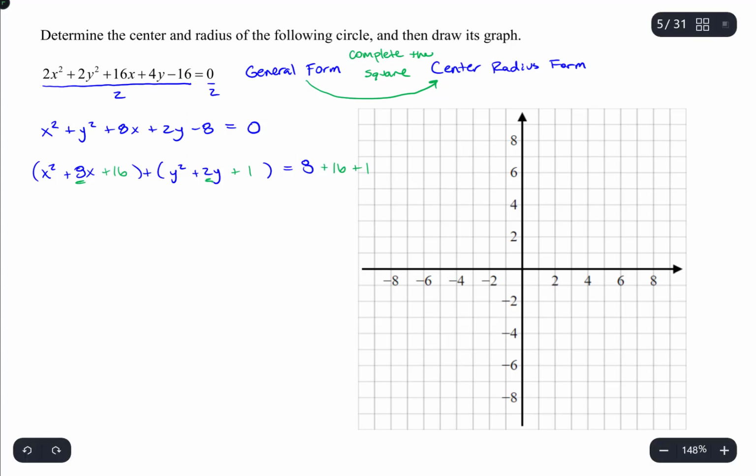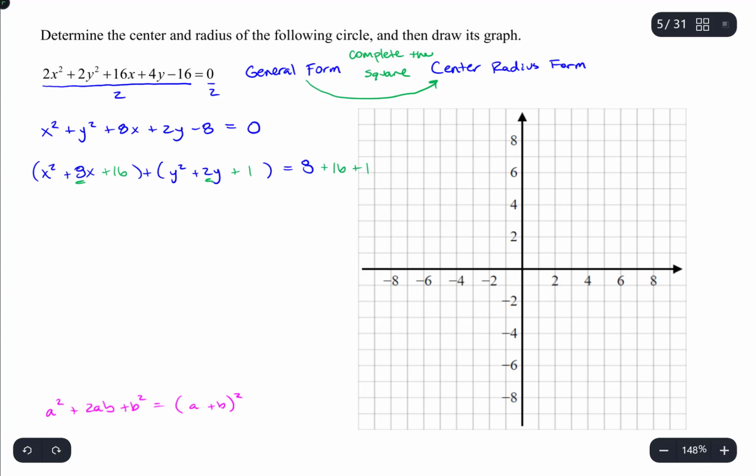Now what happens is the x squared plus 8x plus 16 is a perfect square trinomial. And perfect square trinomials are kind of nice because they're of the form a squared plus 2ab plus b squared, and then they factor into just a plus b quantity squared, so something much simpler.